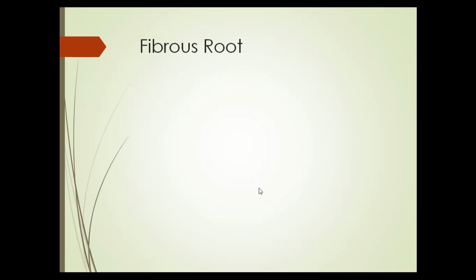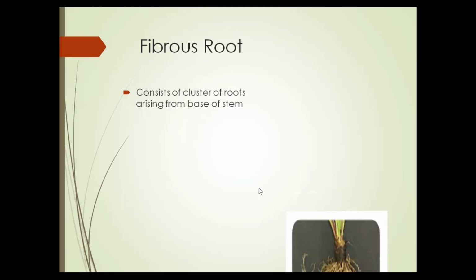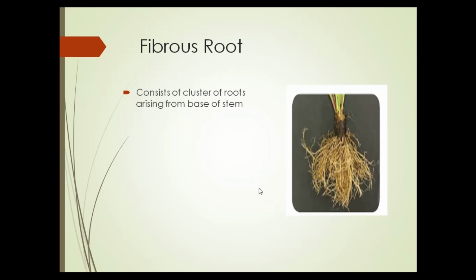Fibrous roots. It consists of a cluster of roots arising from the base of the stem. See in the picture, from the stem you see a bunch of roots growing. These are thin and uniform in size.